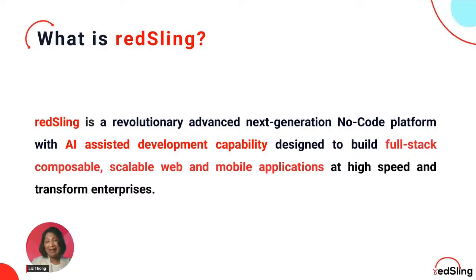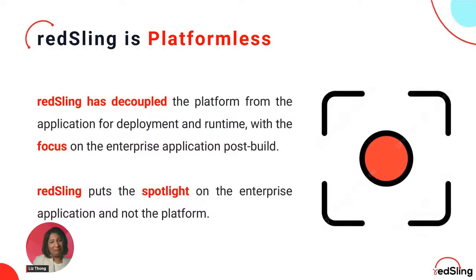You're talking front end, back end, integration, connectivity to robots, AI models, IoT devices, all of that. And it's got AI assisted development capability. And you can build web and mobile applications that are composable, scalable, and you are building this at high speed in order to transform enterprises. We're talking 10 times faster than traditional development. So redSling is our advanced next-gen no-code enterprise platform.